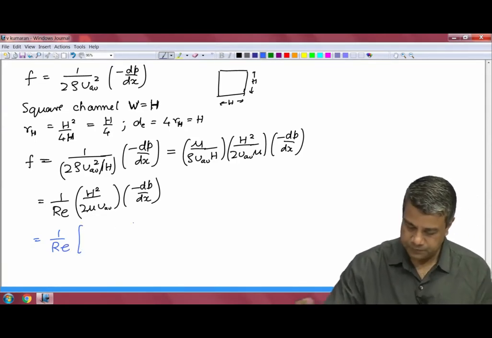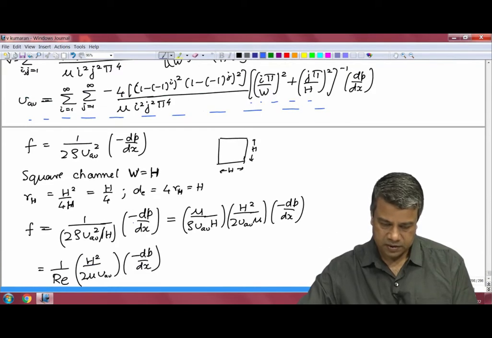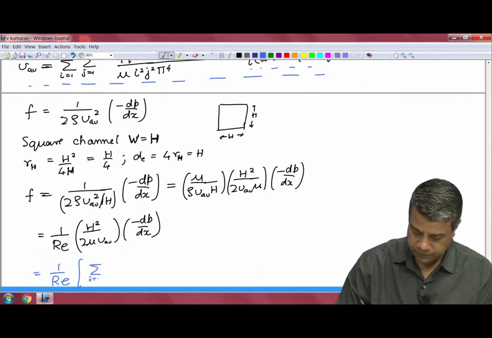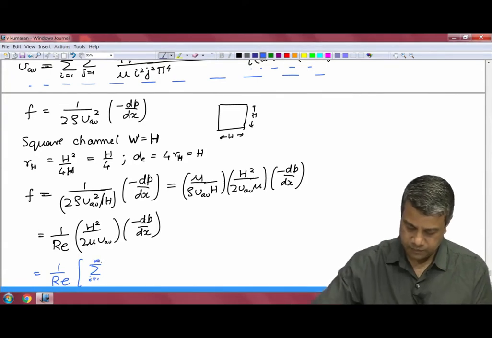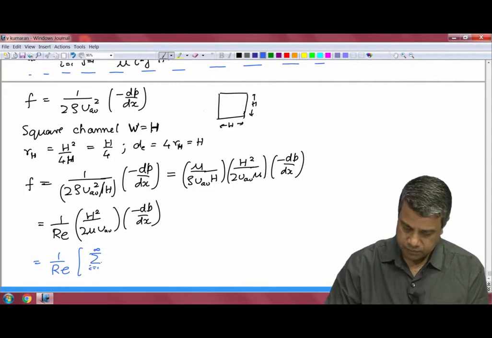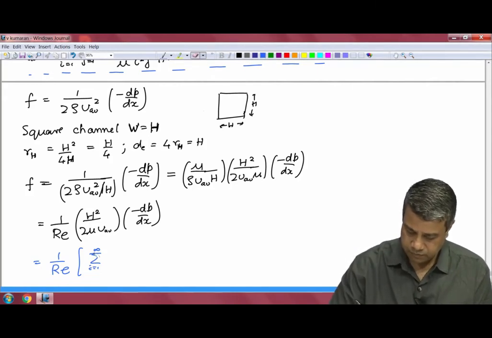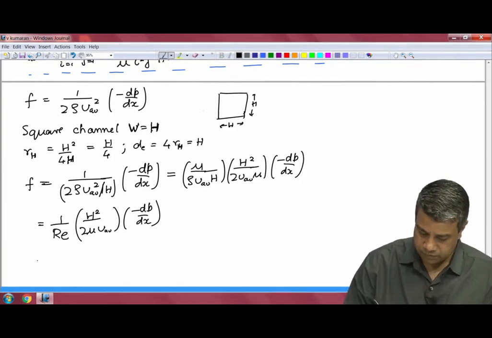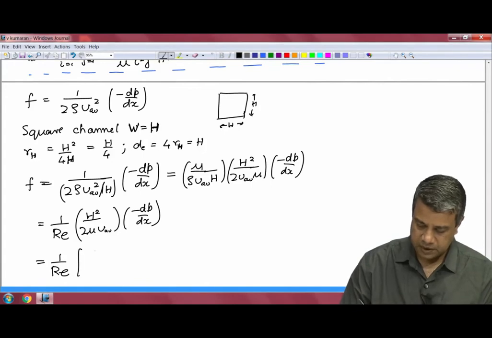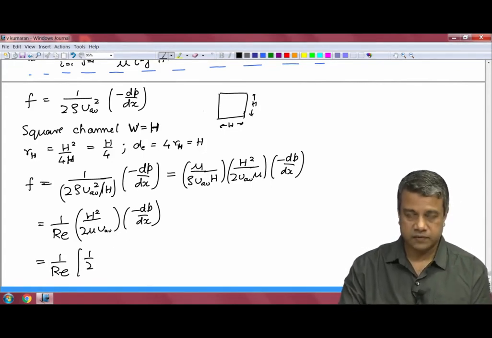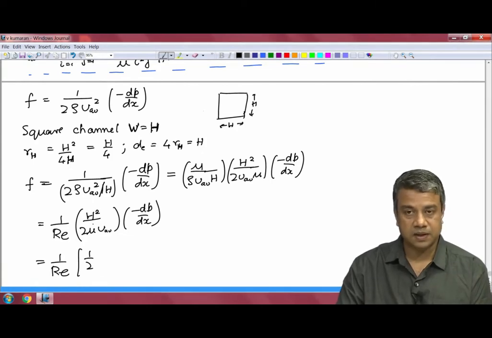into this coefficient V average, into 1 by 2. The dP by dx will cancel out, the viscosity will cancel out, and h square will also cancel out.